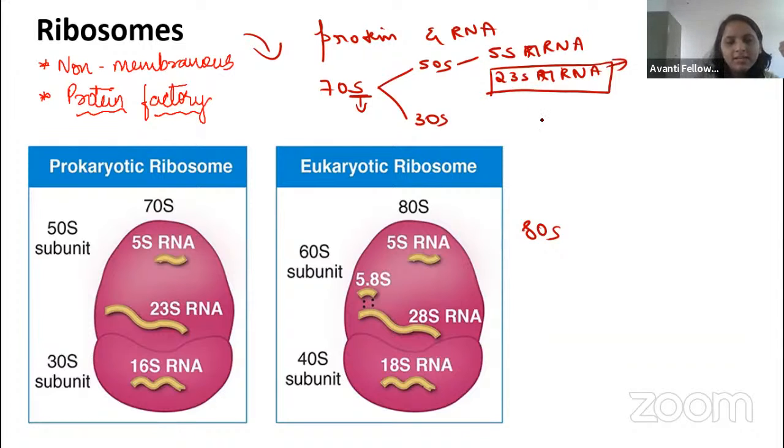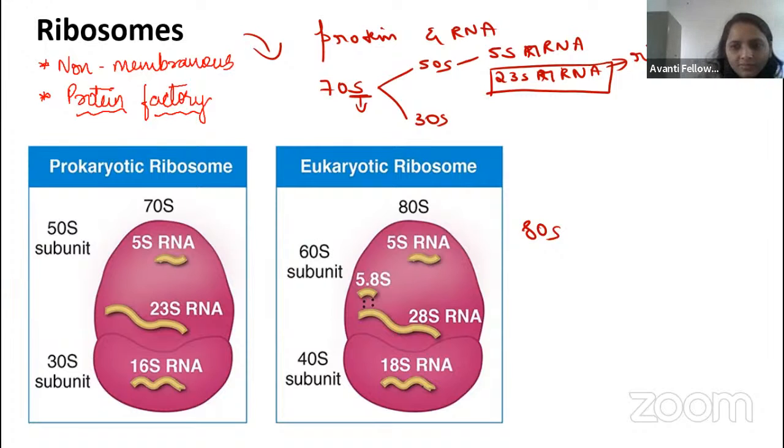In the molecular basis of inheritance, protein synthesis takes place when the bigger subunit of the ribosome binds to the mRNA. That is because it consists of 23S rRNA, which has ribozyme or peptidase activity, which forms the peptide bond between the amino acids.